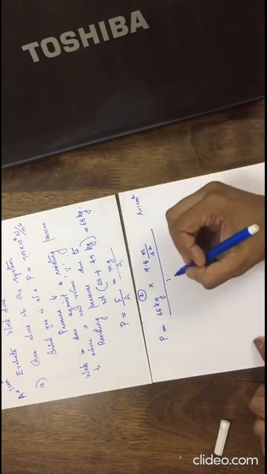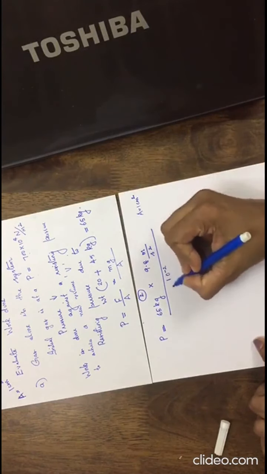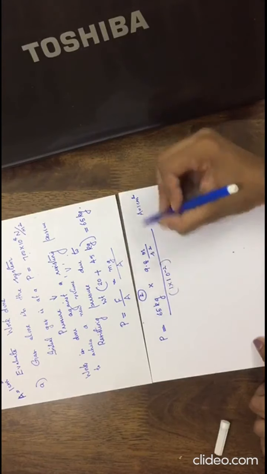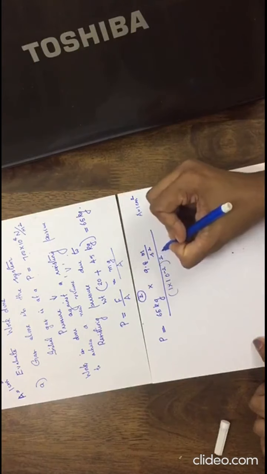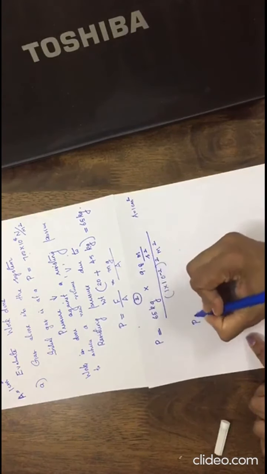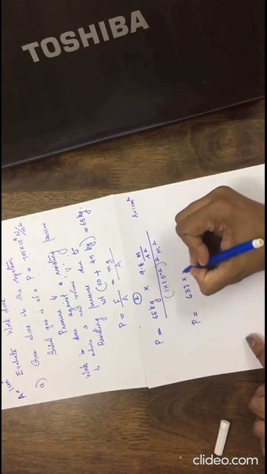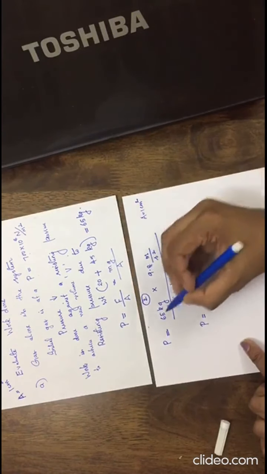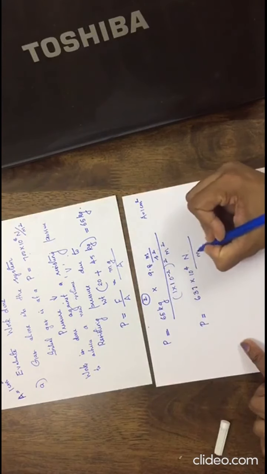You can convert into meter square, that is 1 into 10 power minus 2 the whole square, centimeters converted into meter. So the answer P is equal to 637 multiplied by 10 power 4 Newton per meter square. Kilogram meter per second square is Newton per meter square.